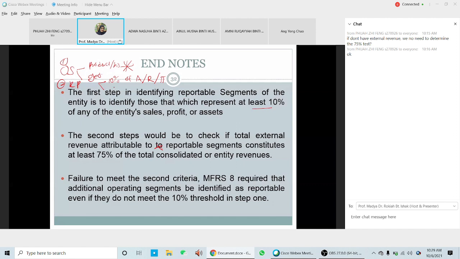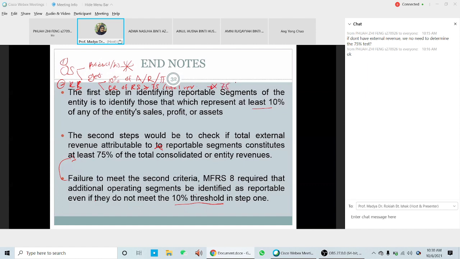Failure to meet this second criterion, MFRS 8 requires additional operating segments to be identified as reportable segments, even though they do not meet the 10% threshold. So if you do not fulfill the 75%, you need to add new reportable segments until you reach 75%, even though the new reportable segment does not fulfill the 10% criteria.